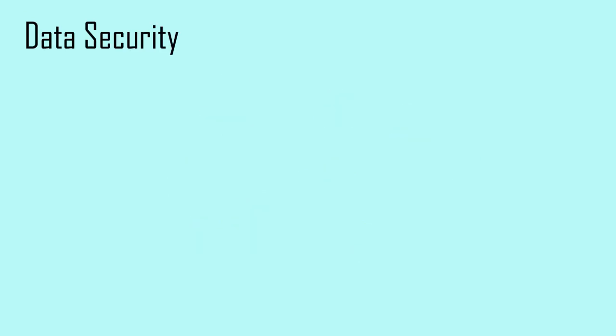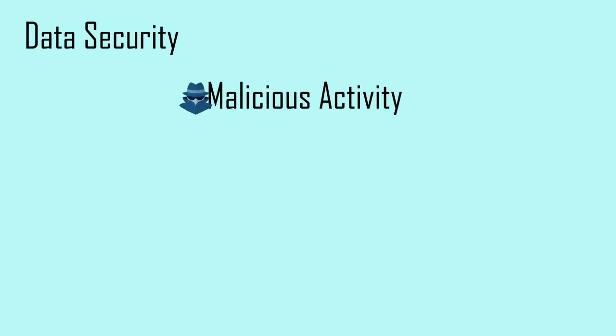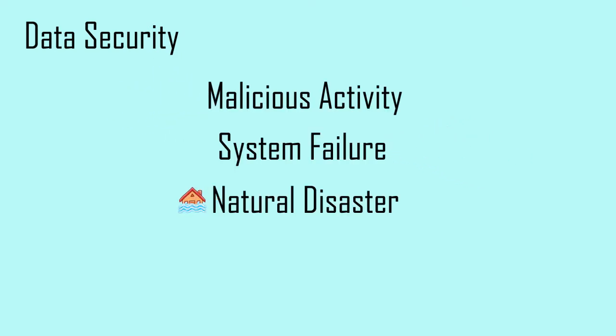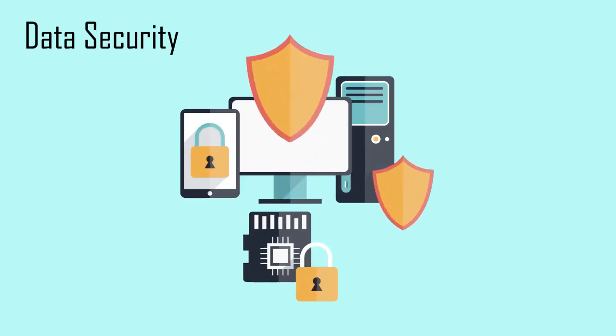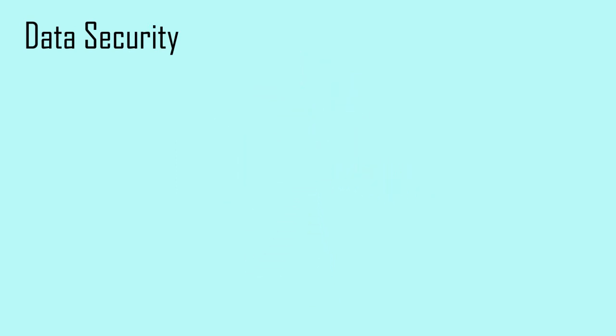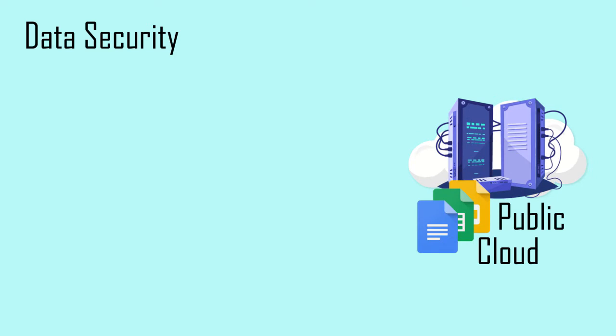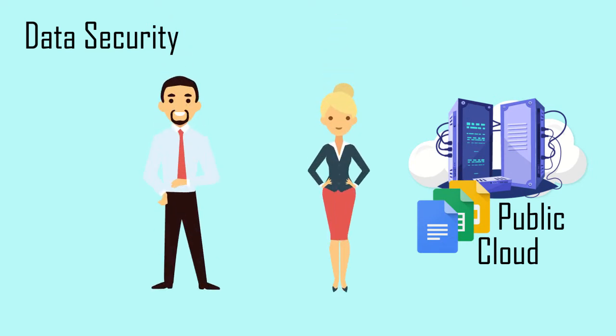Let's move on to data security. Here we consider keeping data safe from malicious activity, system failure, natural disasters, and accidental loss. Security from all of these threats boils down to having up-to-date and well-maintained security systems and policies. Should we choose Google as a public cloud, we can expect state-of-the-art systems maintained by extremely high-caliber professionals.